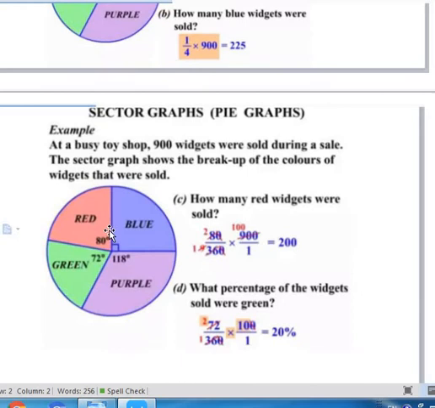The red ones here are 80 degrees over 360. What do I do here? Simplify. Simplify means divide. Don't forget. So 80 divided by 360. Okay, I simplified this: 2 over 9 times what? Times 900. So it gives me 200.